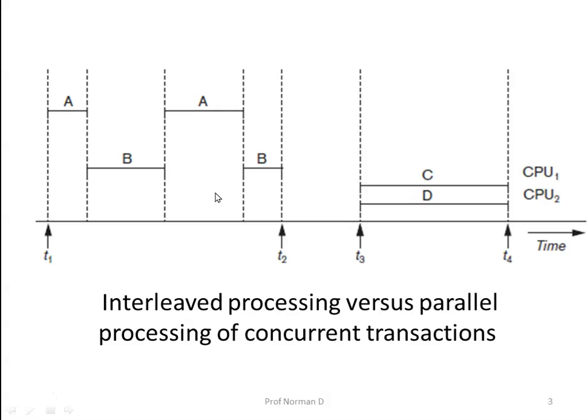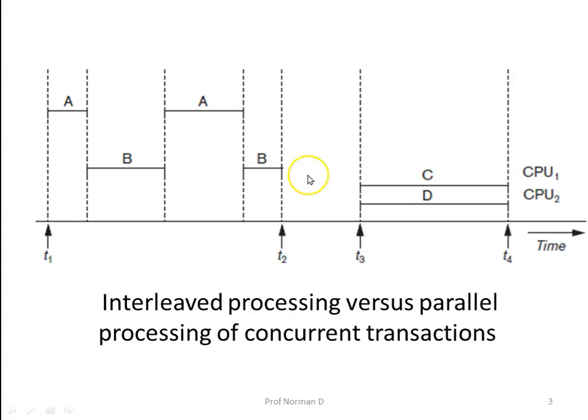The CPU switches to execute another process rather than remaining idle during the input-output time. Interleaving also prevents a long process from delaying other processes. This concept you must have almost covered in operating systems.